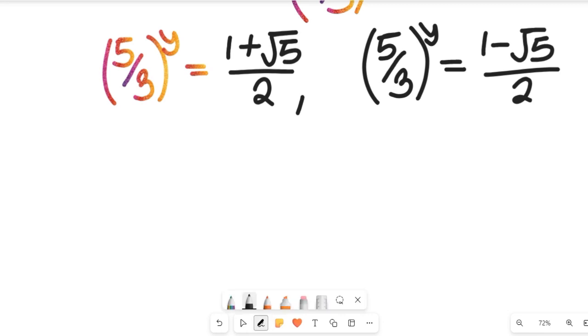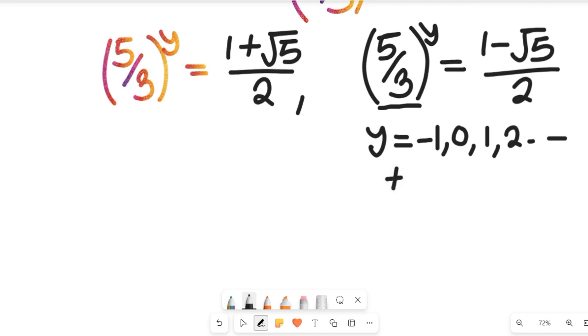Now let's look at this side. From this side, you see that if I put in values of y, negative 1, 0, 1, 2, and continuously, I'll have this side always give me a positive result, while the other side, because square root of 5 is approximately 2.2, 1 minus 2.2 is negative, so this will always give me a negative value.